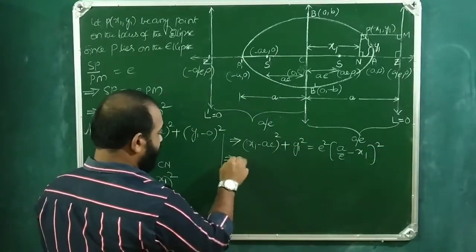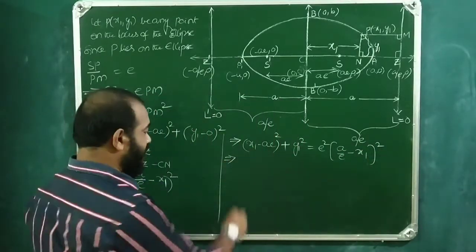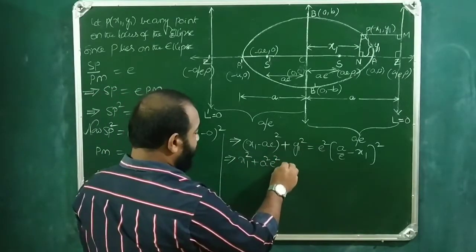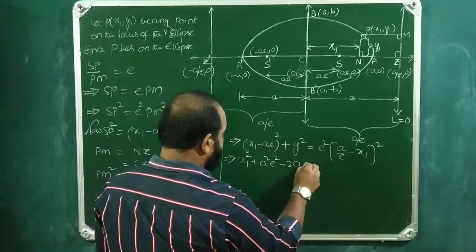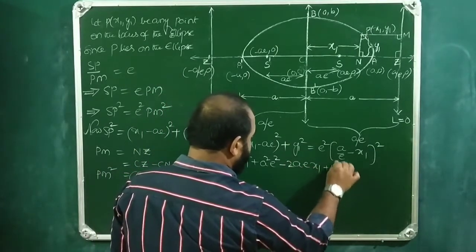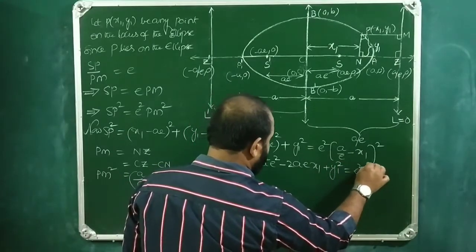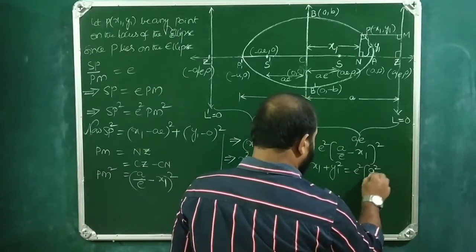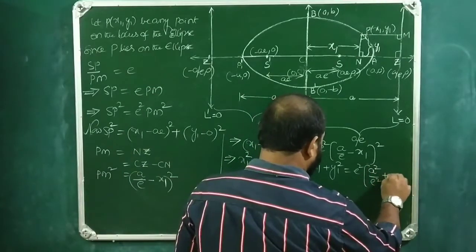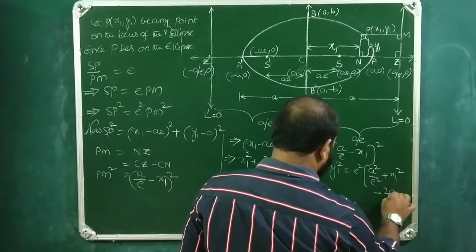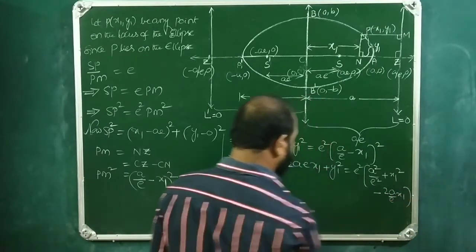This equals (a minus b) whole square, x1 square plus a square by e square minus 2a by e x1 plus y1 square is equal to e square into a square by e square plus x1 square minus 2a by e x1.